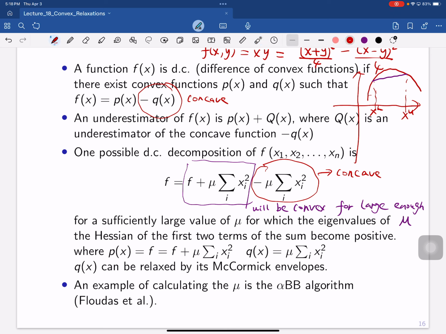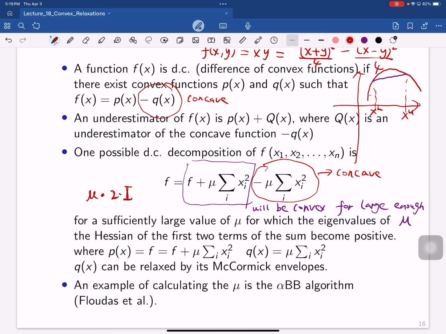The Hessian of the term you add is nothing but mu times 2 times the identity matrix. So when mu is large enough, you are adding some large term to the diagonal of a matrix. There is a sufficient condition for a matrix to be PSD, called a diagonally dominant matrix. If your diagonal term dominates all the other terms, then that matrix will be PSD.